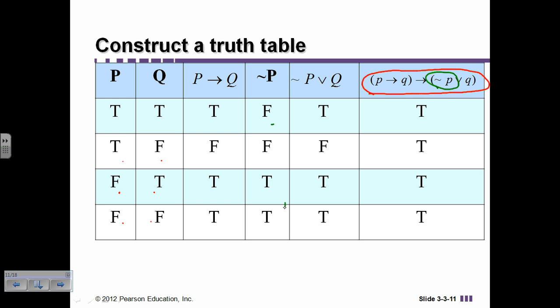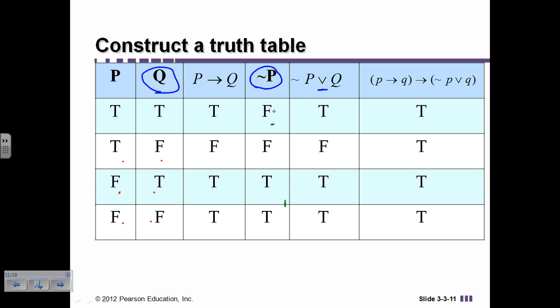Now for the next column, we need to focus on two pieces in the chart. I'm going to erase this for a second so we can look at this better. The two pieces we need to look at are the not P column and the Q column, and we're trying to figure out the OR value, or the union value.